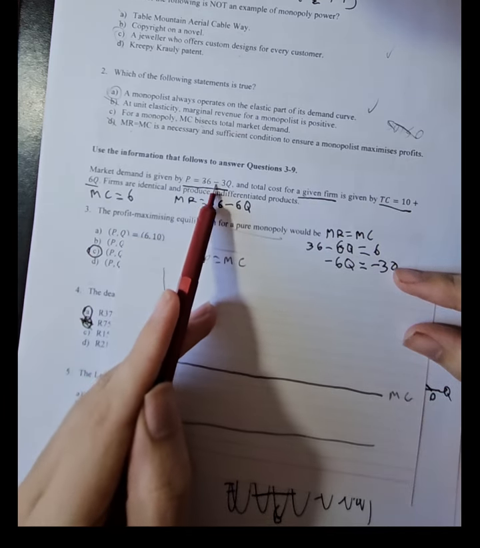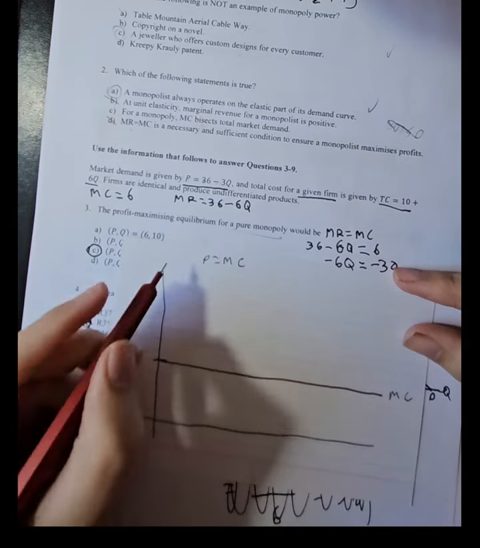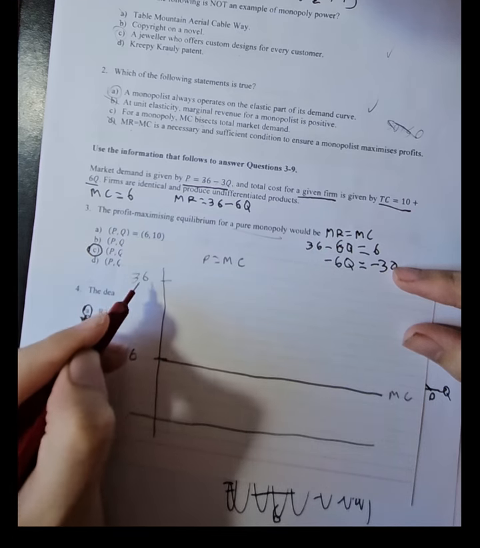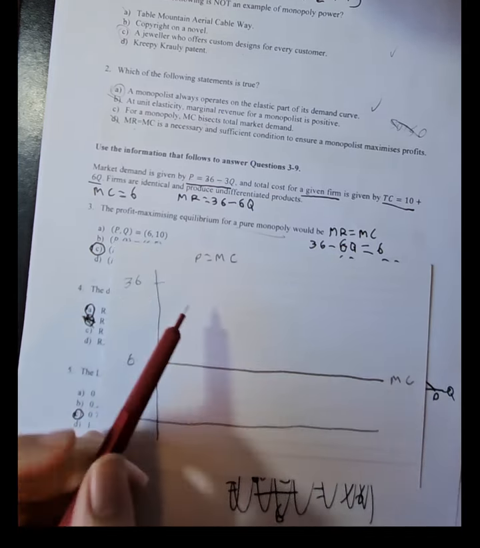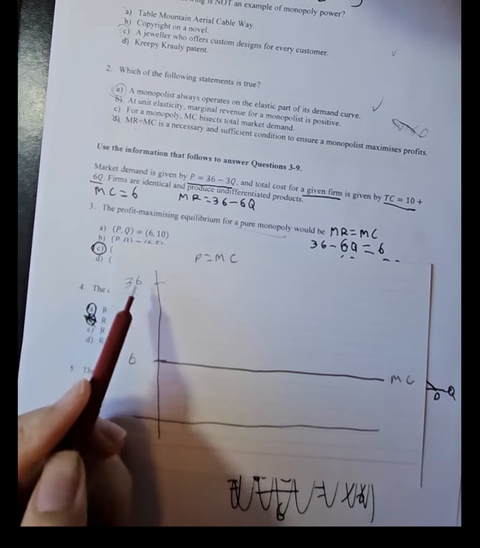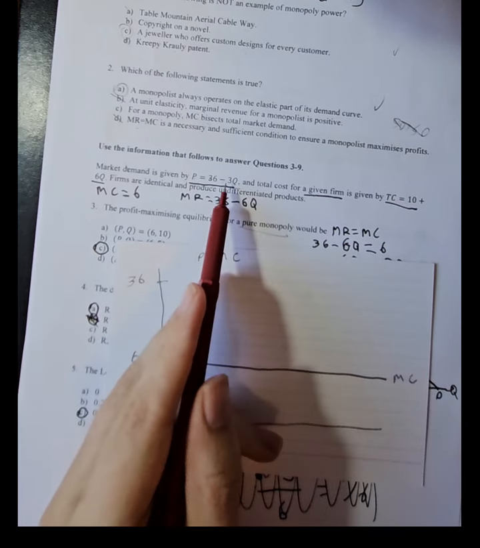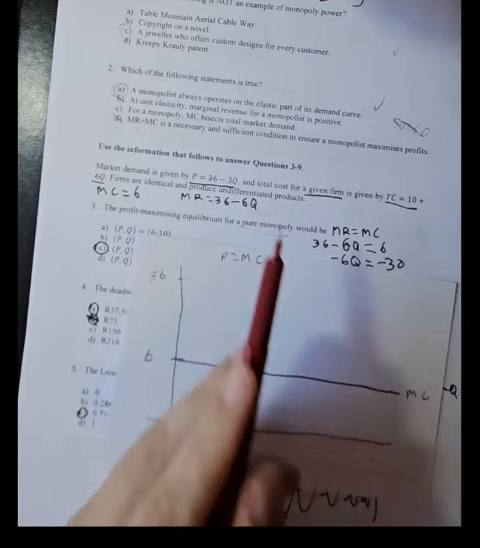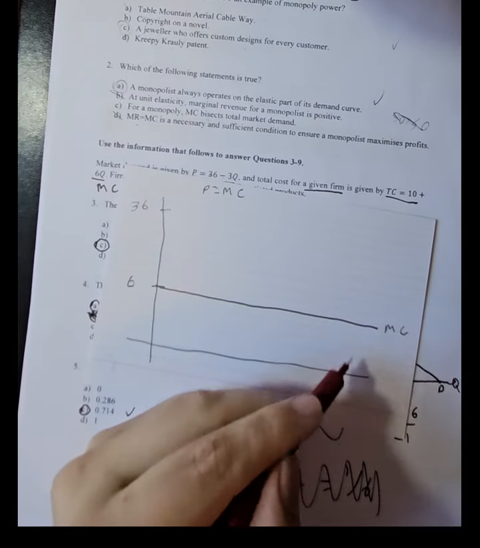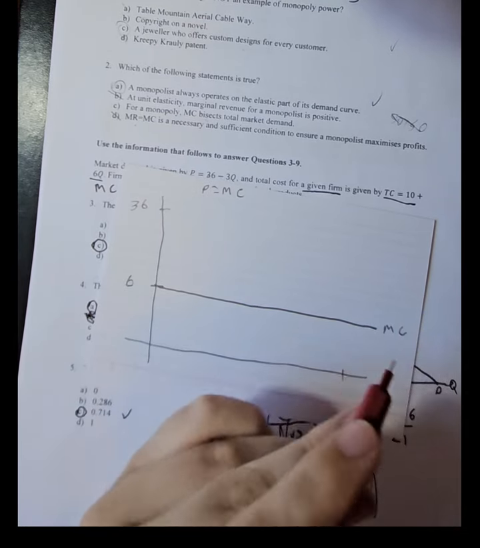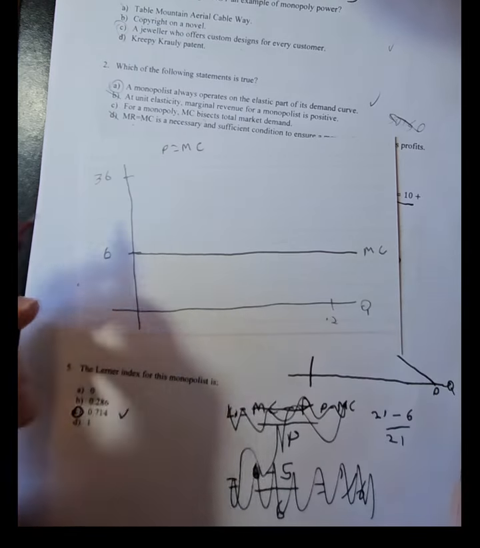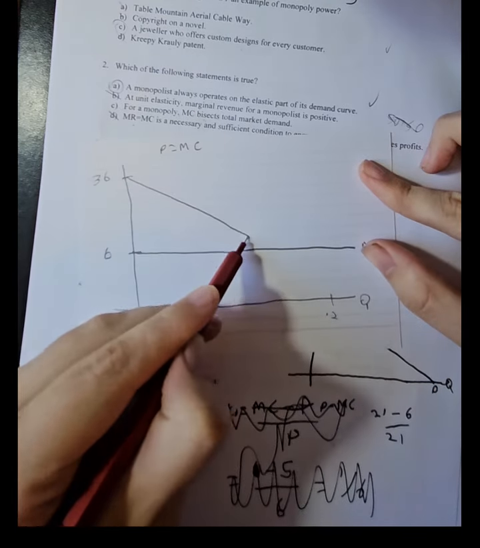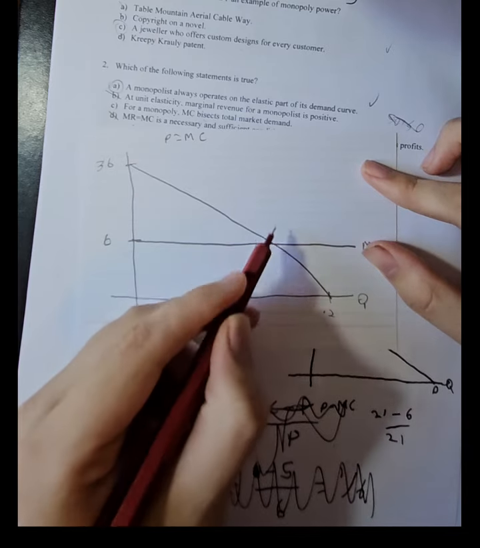Price is 36 minus 3Q, so the highest price can be is 36, and the lowest it can be is when Q is equal to 12, right, because that's when the whole thing zeroes out, down here, and we said that was at Q equal to 12. So this is Q, by the way. Cool.